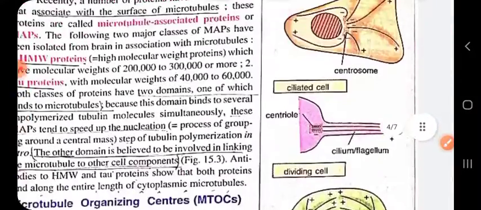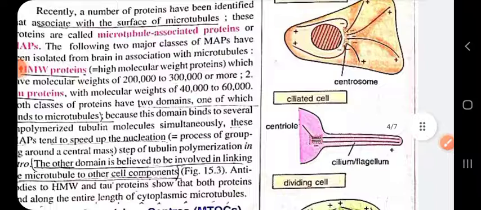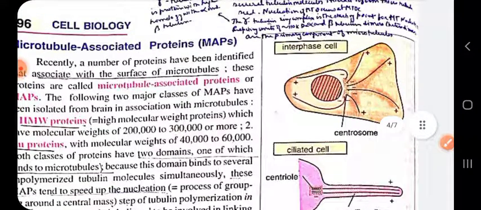Now what is this picture showing? It is showing the minus end of the microtubules in each of the following cells, and each of these minus ends of the microtubules is embedded within the microtubule organizing center, while the plus ends are often near the plasma membrane.